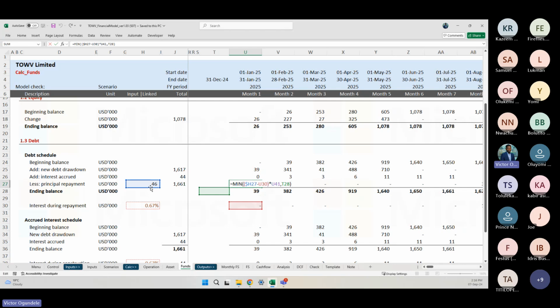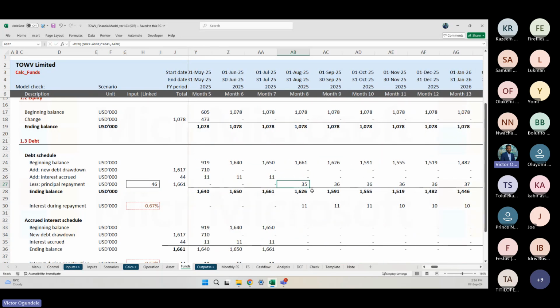Now the element which becomes a gain for them against the time value of money is the interest element. So by the time you are paying the principal plus that interest, what this PMT has helped us get is the amount we'll be paying every month. If you go to any of the months and sum both of them together, they will give you 46.